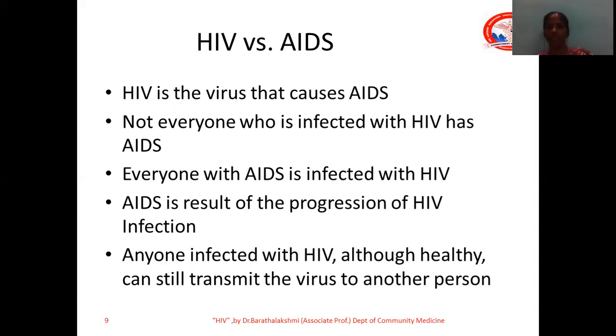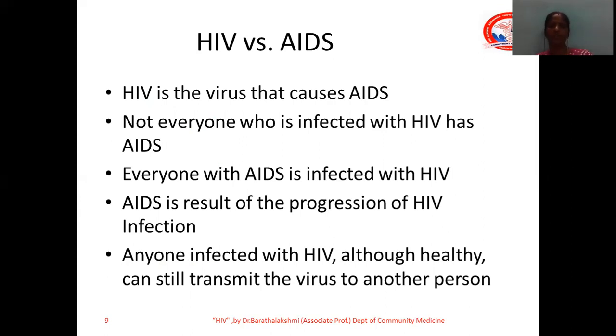Only when their immunity drops, when their CD4 count drops to such an extent that they succumb to infections. Everyone with AIDS is infected with HIV, of course, but everyone who is infected with the HIV virus may not progress to the AIDS stage.